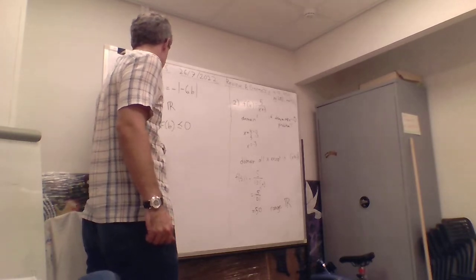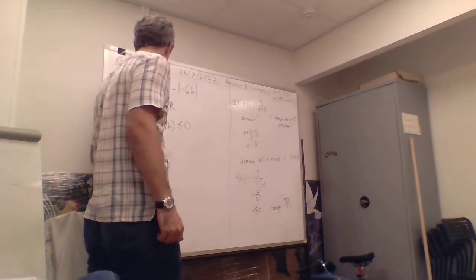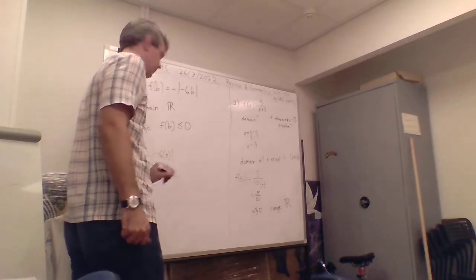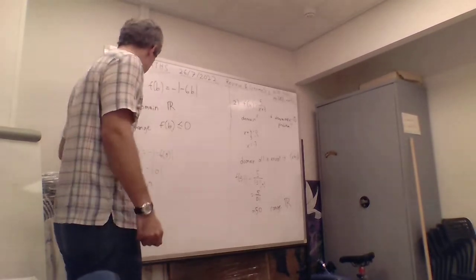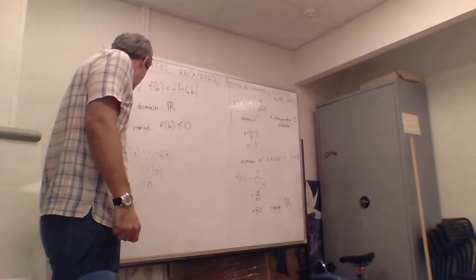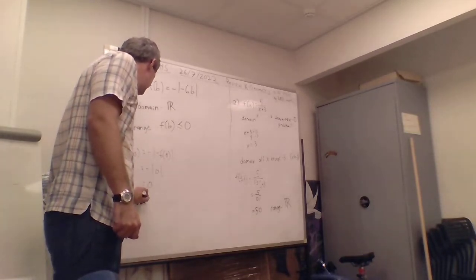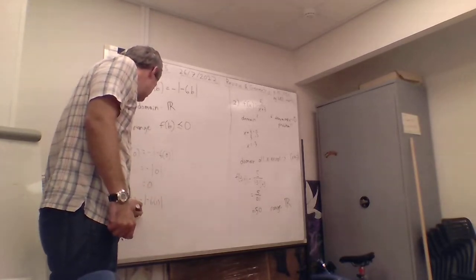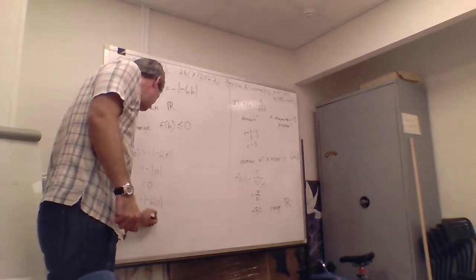We can do f of 0 equals negative absolute value of negative 6 times 0, which equals negative 0, which equals 0. Try f of 1. Negative 6 times 1, which equals negative 6 inside.